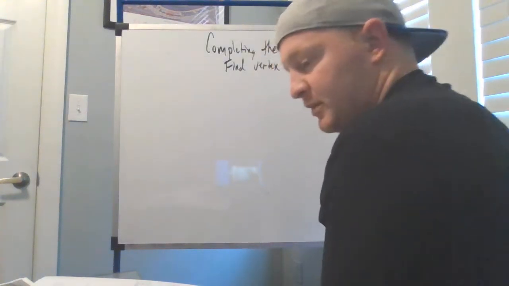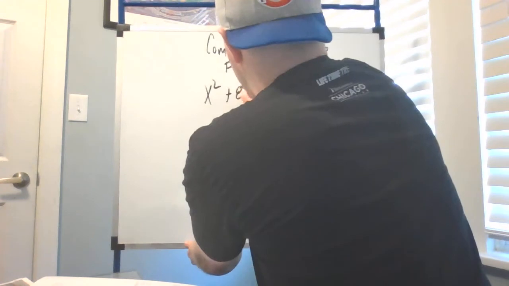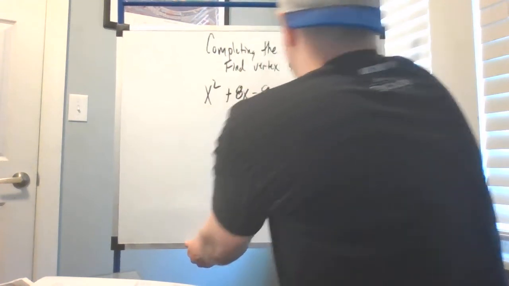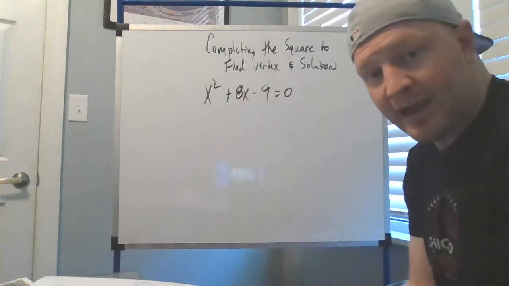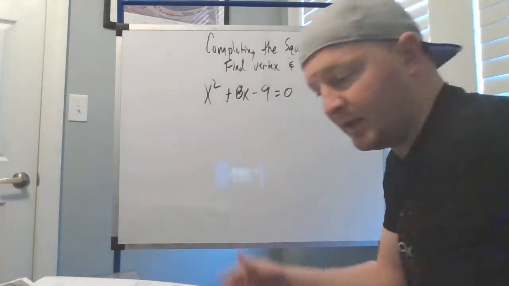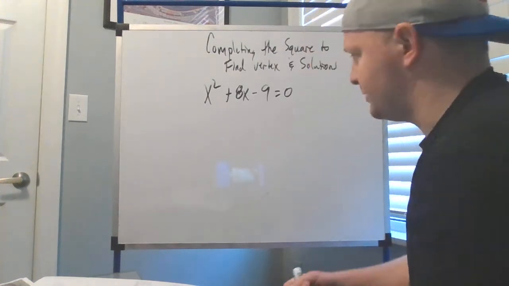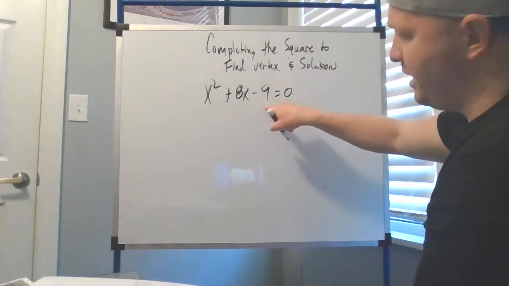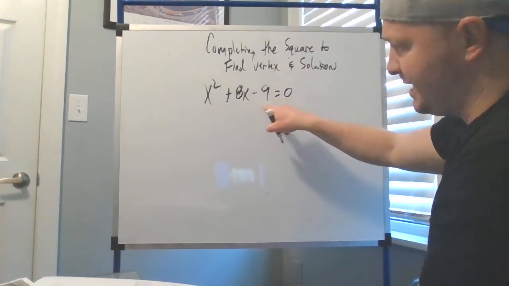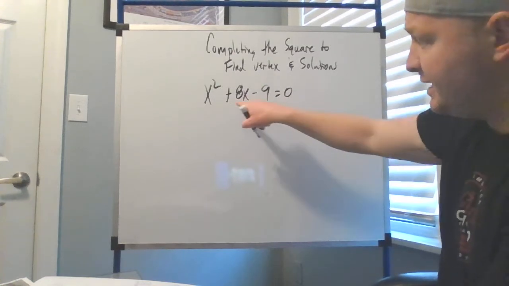So let's go with something easy, such as x squared plus 8x minus 9 equals 0. Well, this one is easy to factor, and I purposely chose this one, and again, I'm going to get harder. Because this one's easy to solve for the solutions, because I know negative 1 times positive 9 is negative 9, and negative 1 plus 9 is positive 8.